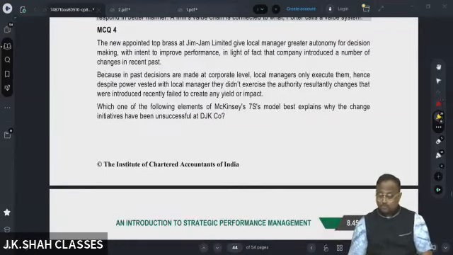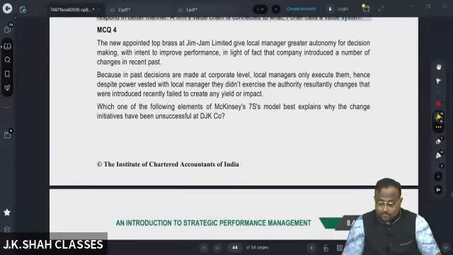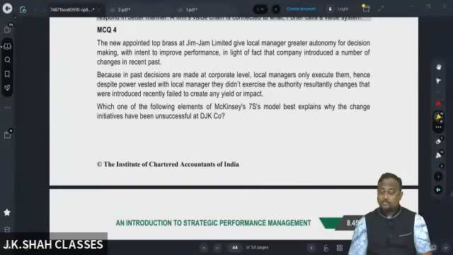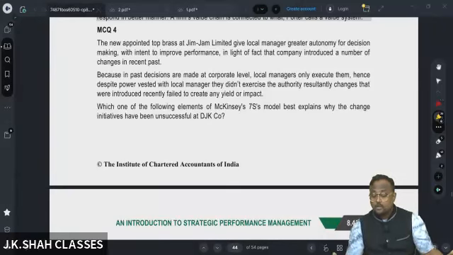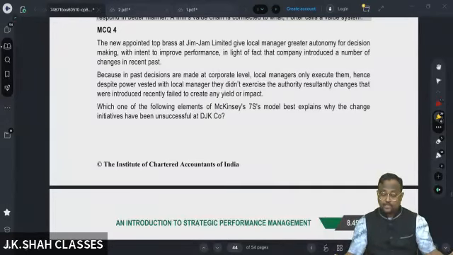MCQ number 4. The newly appointed top brass at Jim Jam Limited gave local managers greater autonomy for decision making with an intent to improve the performance. In light of the fact that the company introduced a number of changes in the recent past.